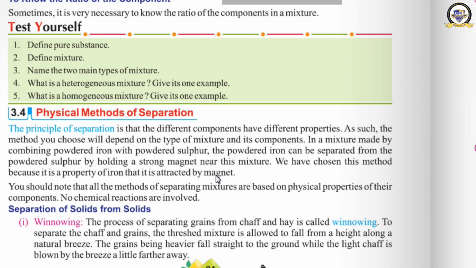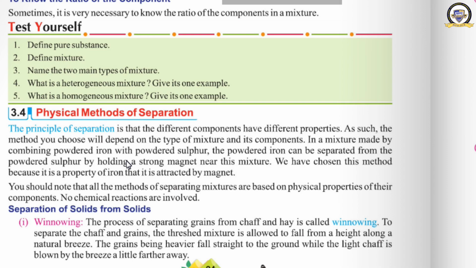So the separating method is completely dependent on the mixture used. You should note that all the methods of separating mixtures are based on physical properties of their components. We don't see chemical properties involved in it during the separation.